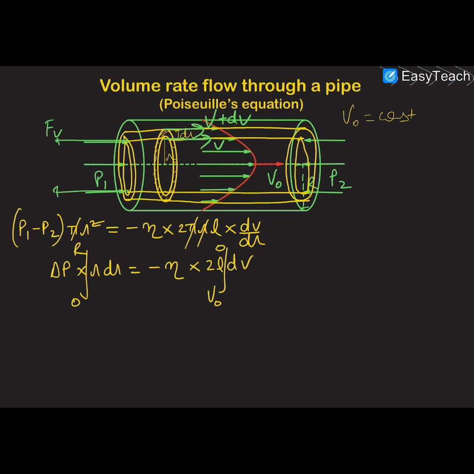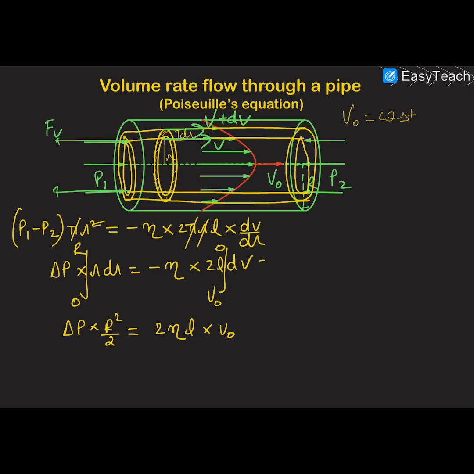So delta P into R square by 2 will be equal to 2 eta L into v0.